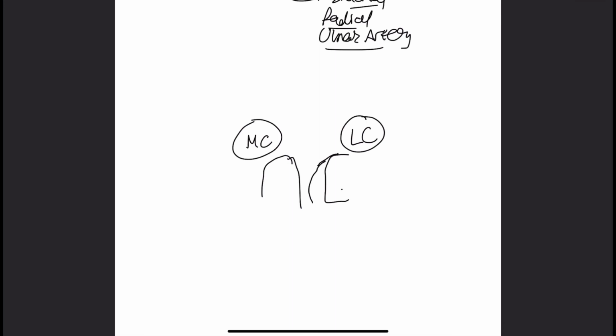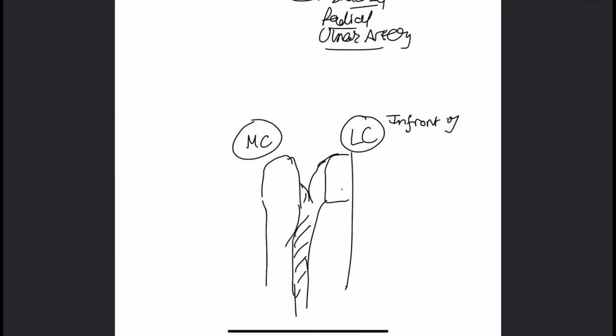Now we'll be talking about the anastomosis in particular. This is the medial condyle. Let's talk about the lateral condyle first. In front of the lateral condyle, that is anterior to the lateral condyle, an artery will be descending.